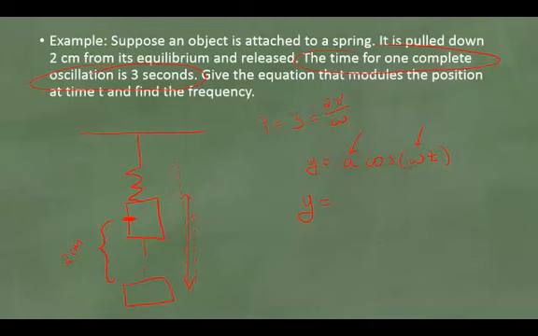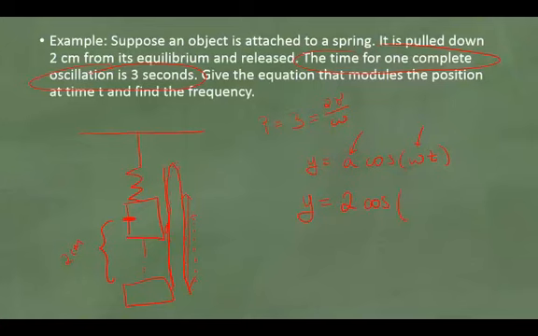Just like the cosine function. Up and down. So what's the amplitude? From the center to the top is 2 centimeters, and from the center to the bottom is 2 centimeters. So the amplitude is 2.